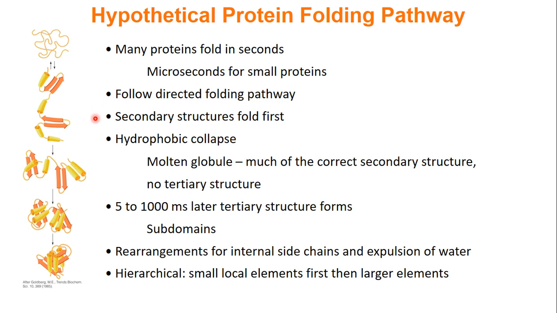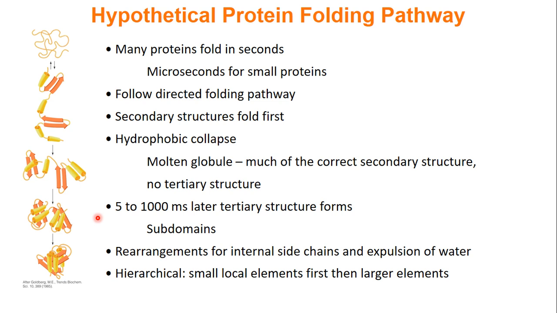First you have secondary structure elements form, so you have your alpha helices and beta sheets, and then your hydrophobic core collapses, where the hydrophobic effect comes into play. All your hydrophobic residues are pushed towards the center, and you get what's called a molten globule structure, where you have correct secondary structure, but your tertiary structure isn't correct.